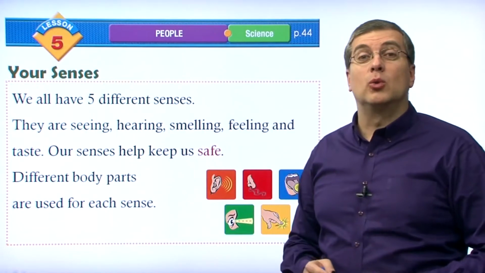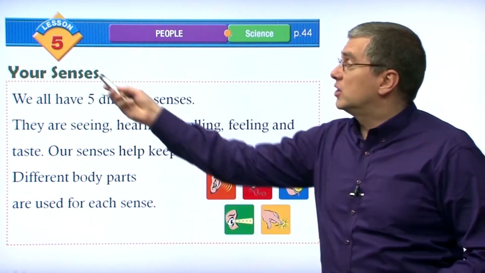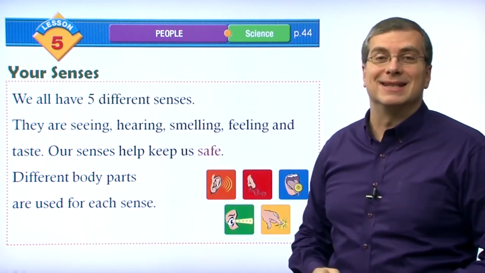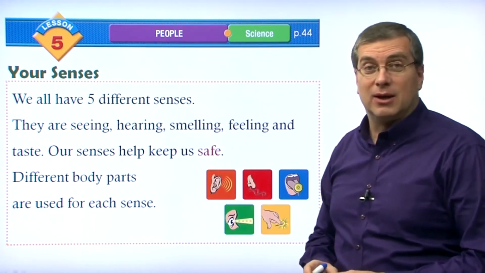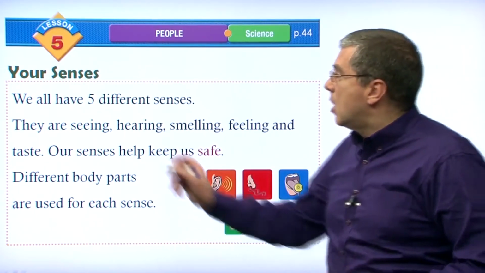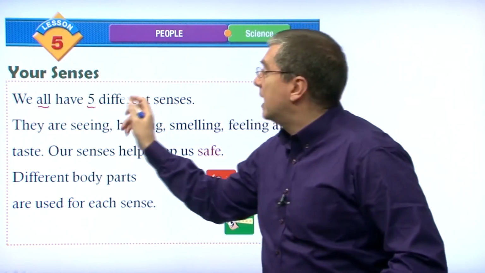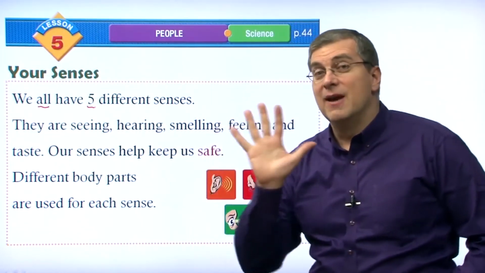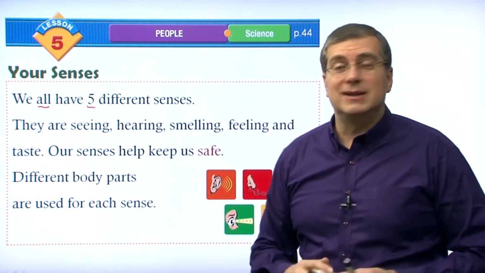We're going over the reading section for Unit 5, or Lesson 5, which is called Your Senses. Remember, there are 5 senses. That's what we're talking about here. The first sentence, the topic sentence, is: we all have 5 different senses. What are the senses?